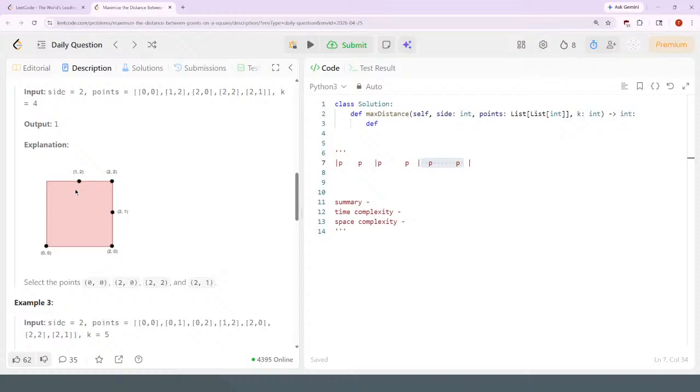So there's 4 sides. For each of those sides, you have to determine the numbering, the mapping of the points on that side to the distance.